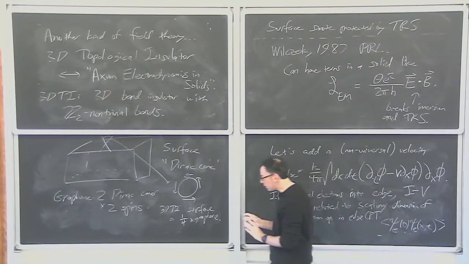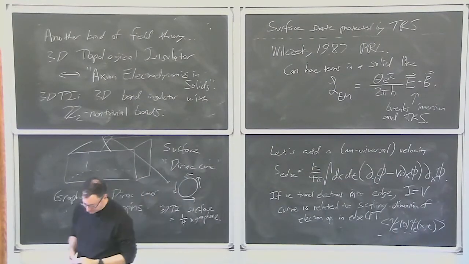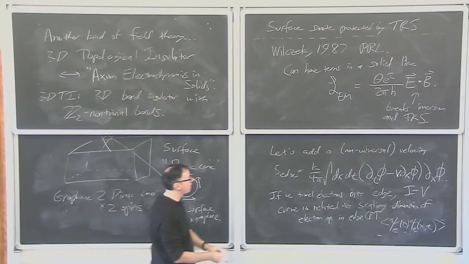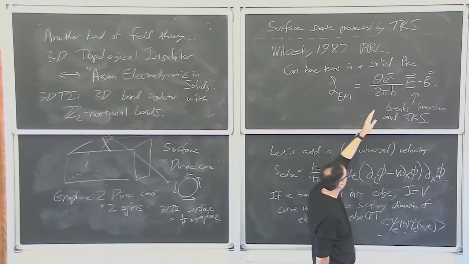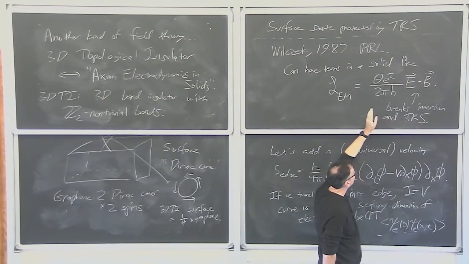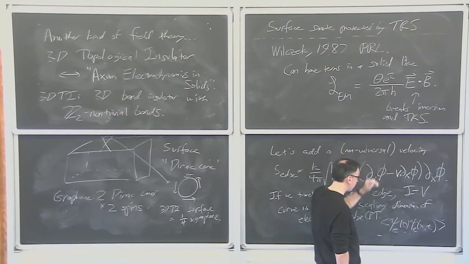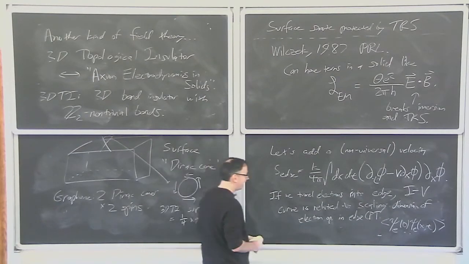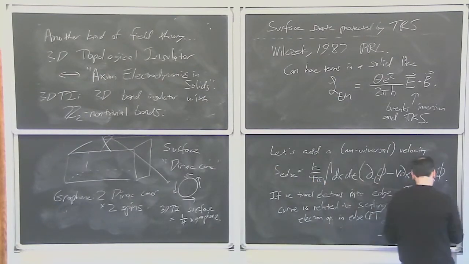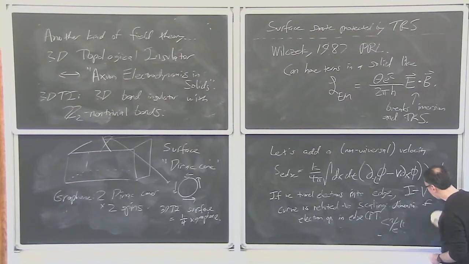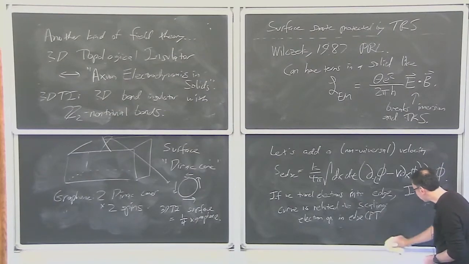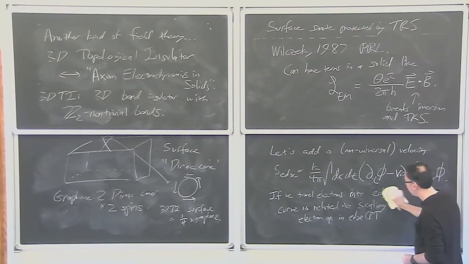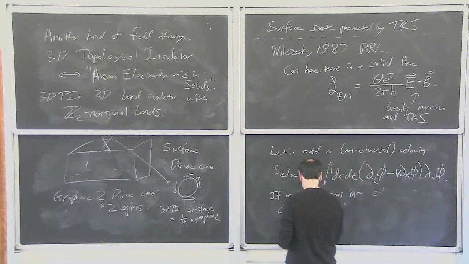But if you just wrote down that term and you thought about it the way people mostly had thought about it, you'd say, okay, if I've got inversion, then that would mean theta is equal to minus theta. Or if I've got time reversal, then theta is equal to minus theta. And either way, theta is equal to 0. But it's significant that we write it as theta, because the point that particle physicists had thought about was there's something special about E dot B compared to E cross B and so on.